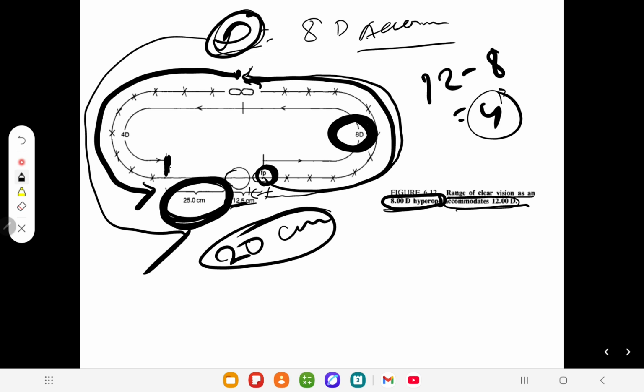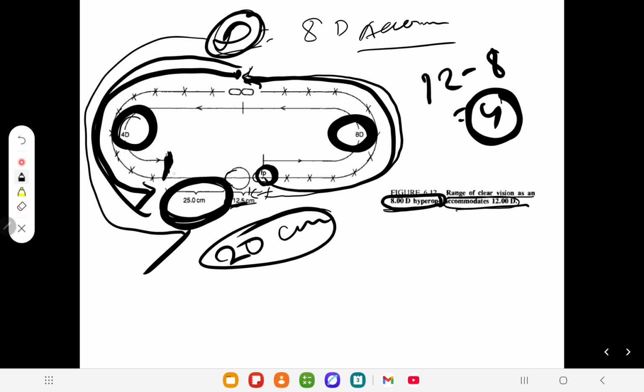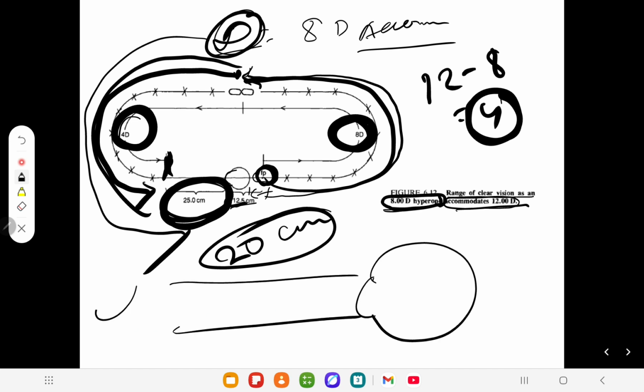And now he's remaining with 4 diopter of accommodation. So from 12 diopter, he uses 8 and he has 4 diopter. See this picture? He uses his 4 diopter and his near point of accommodation comes here. So if he is not an 8 diopter hyperope, let's take an example, if he is emmetropic, emmetropic means far point is always infinity, and near point with the 12 diopter of accommodation comes here, like 8 centimeter or something like that, isn't it?